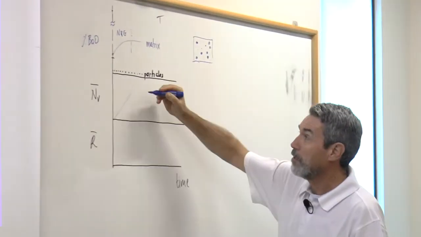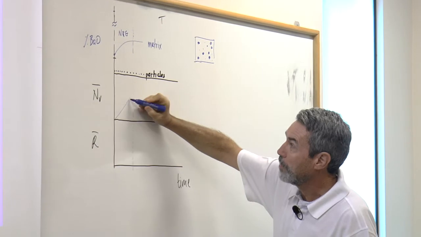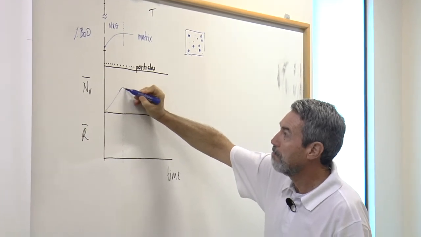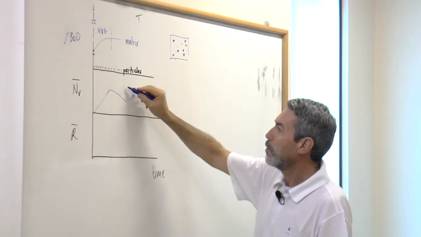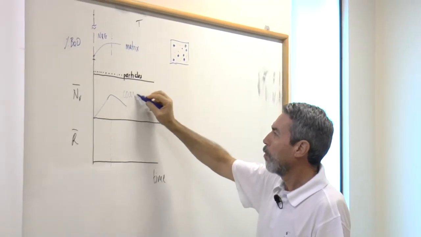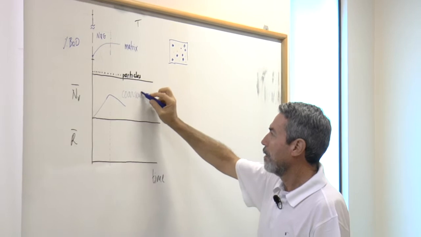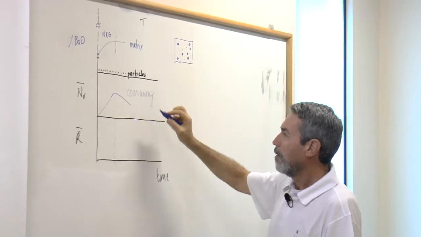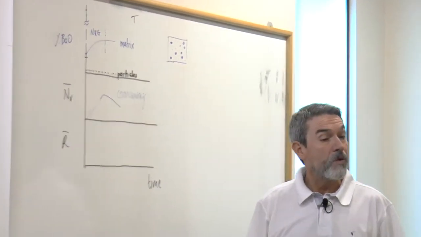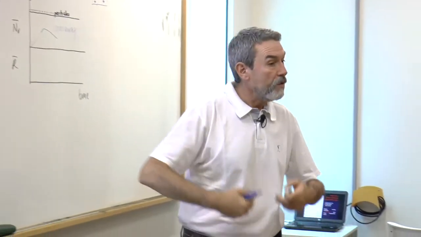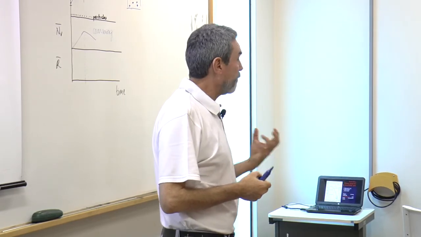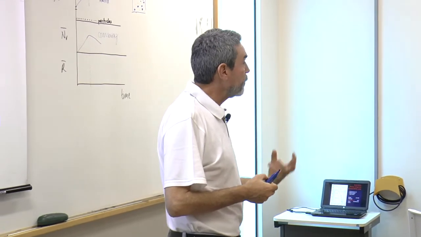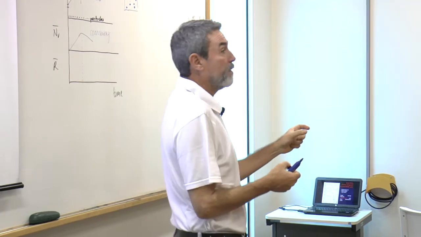It starts to decrease because the particles continue to grow, to minimize their surface energy. They continue to grow and grow, but the volume fraction is constant.